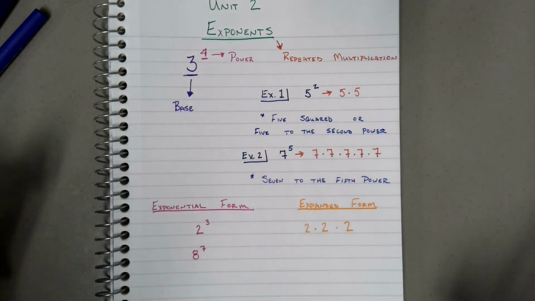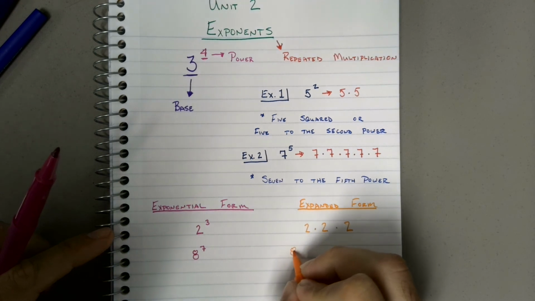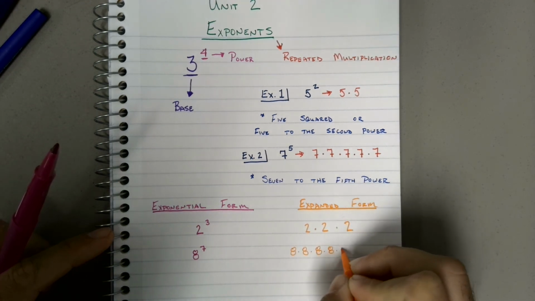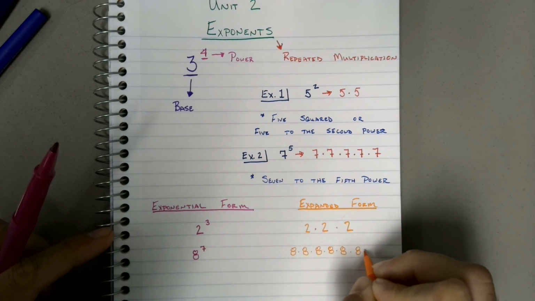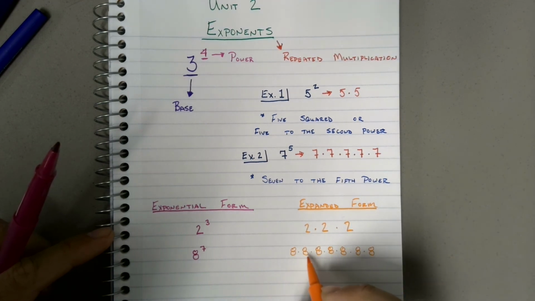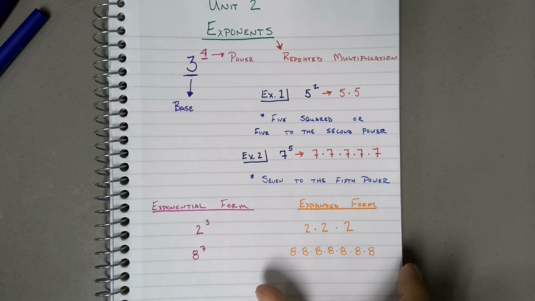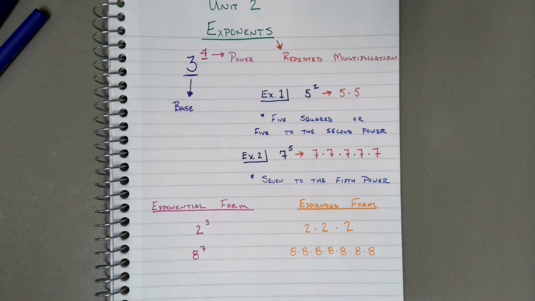I'm going to expand that, and it would be 8 times 8 times 8 times 8 times 8 times 8 times 8. 1, 2, 3, 4, 5, 6, 7. Okay? Exponential form, it just has the exponent. Expanded form, we expand that out. Okay? So make sure we understand the difference of those two.